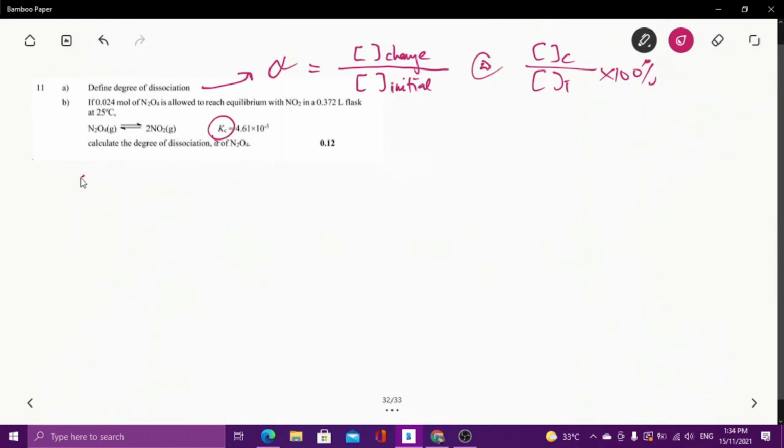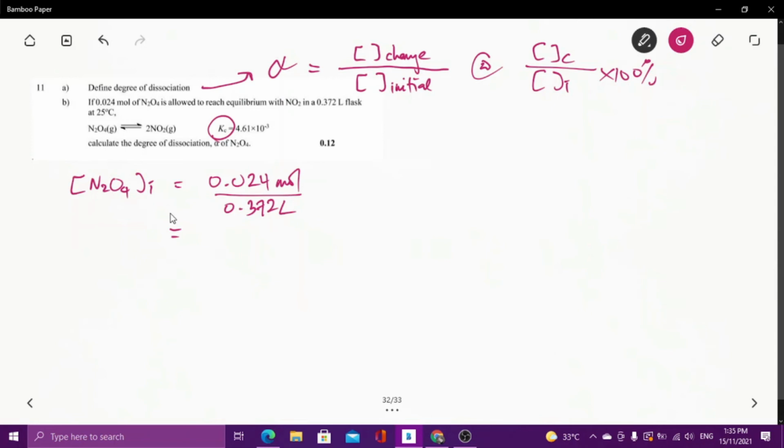Okay, so we got to find the concentration of N2O4 initial terlebih dahulu by using 0.024 mole divided with 0.372 liter. So this is the concentration, the molarity that you get.